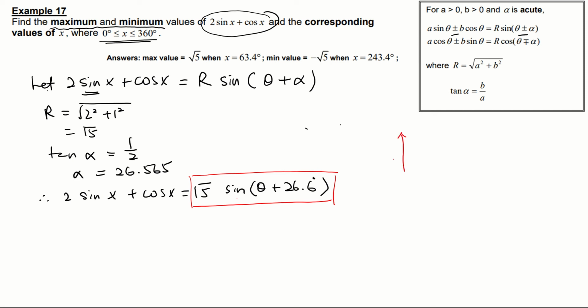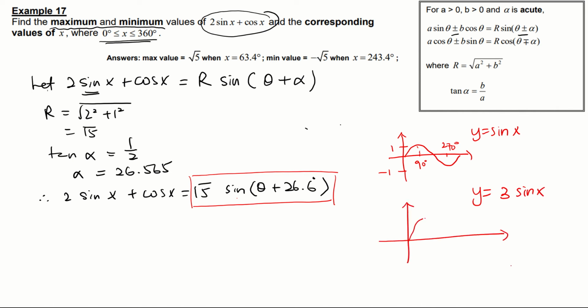So if I were to draw a sine graph, y equals sine x, we all know that the maximum is 1 and the minimum is minus 1, and the maximum happens at 90 degrees and the minimum at 270 degrees. So what happens if I draw a graph that is 3 sine x?